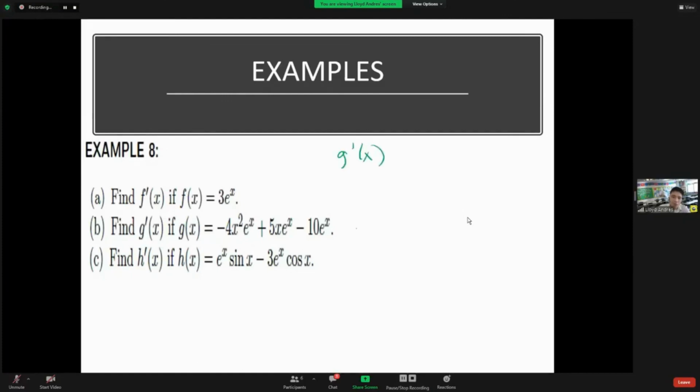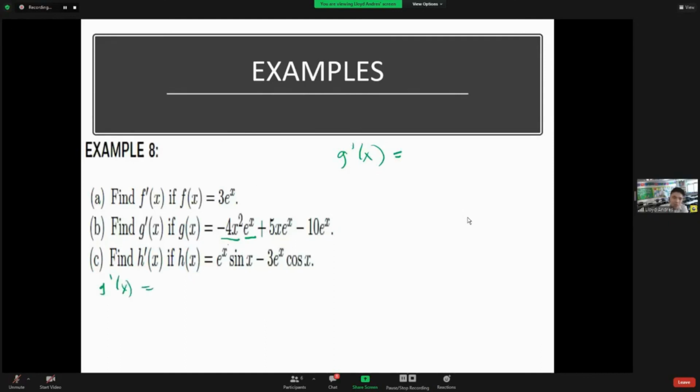Okay, careful with this one because first, this is a product between those two. So, we need to do first times derivative of second, plus second times derivative of first. G prime of x.